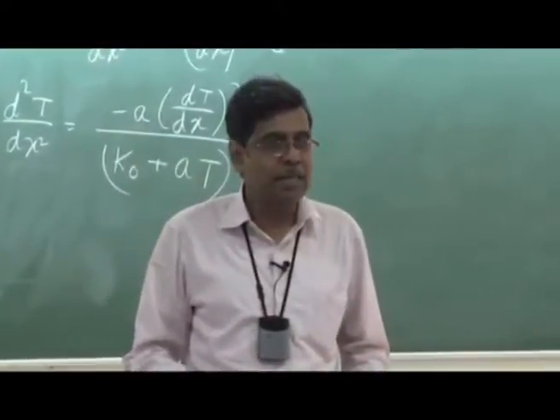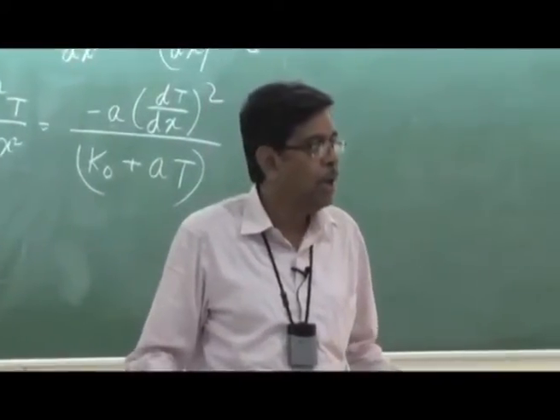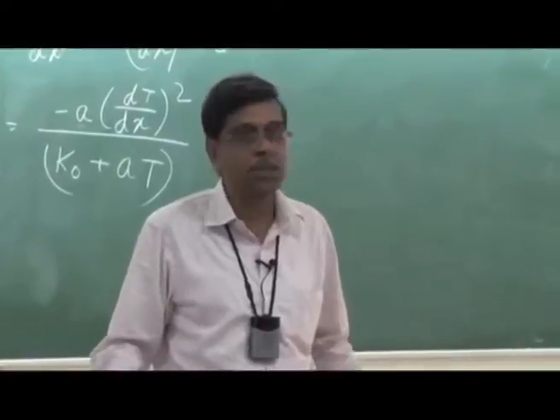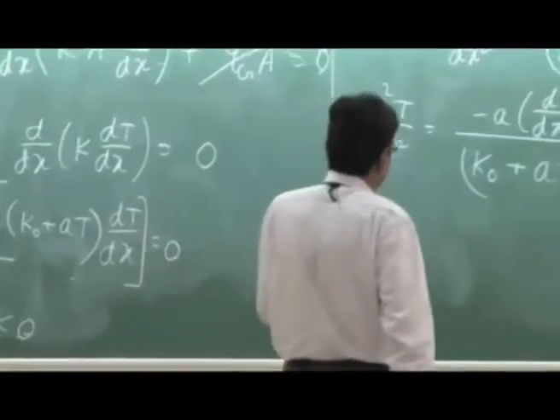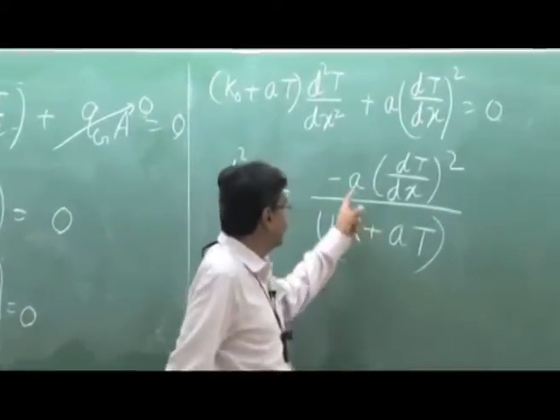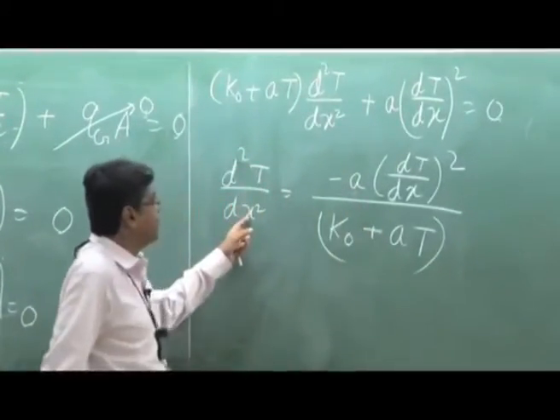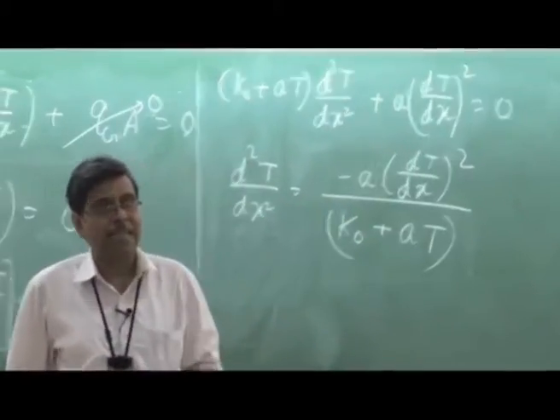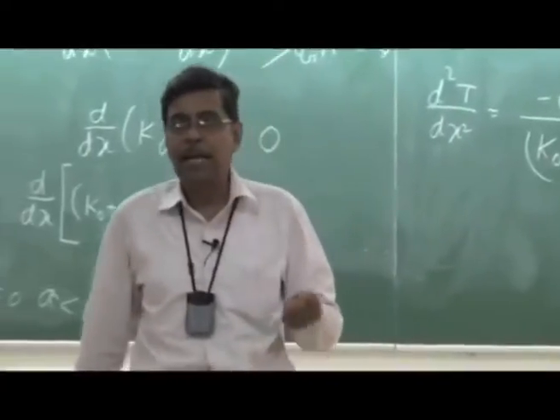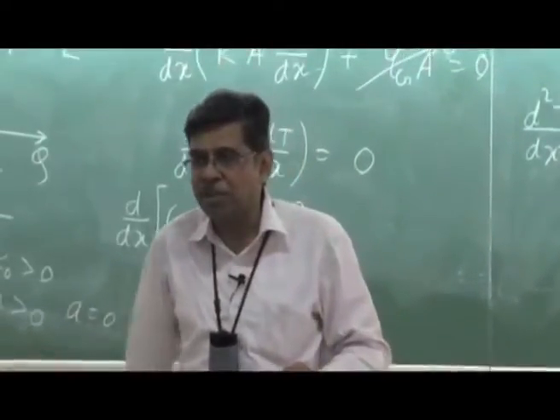Why? This is because thermal conductivity is to be positive. So it is a scalar property, thermal conductivity. So k0 plus at. Therefore, d square T dx square is exclusively with a. That means when a is greater than 0, it is negative, and when a is less than 0, it is positive.